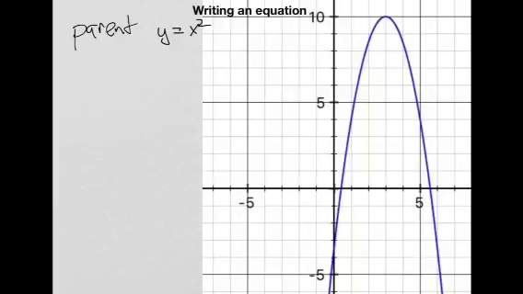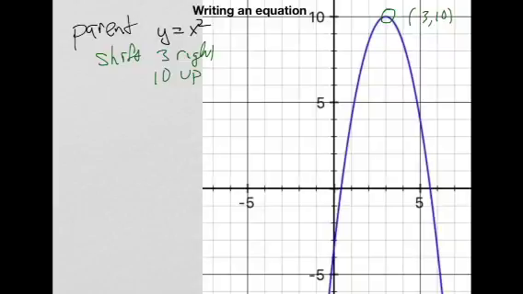Now let's look and see what kind of transformations we have. For a parabola, I look at the vertex. The vertex is the point (3, 10). So the vertex gives me my translations. So now I know I'm going to shift 3 right, and I'm going to go 10 up.